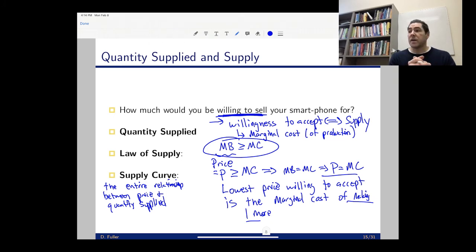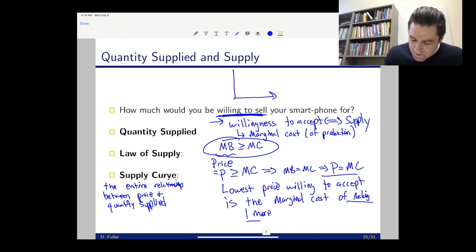So I want you to get used to thinking of supply as marginal cost. That's what determines my willingness to accept a good, the marginal cost of production. Supply is marginal cost. So if I drew my supply curve here, Q and P, if that's supply, it's exactly the same as marginal cost, right?